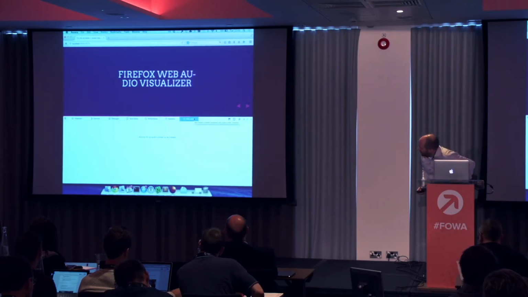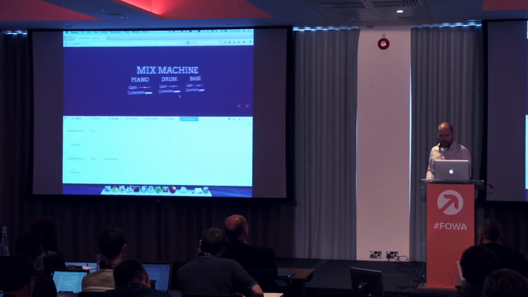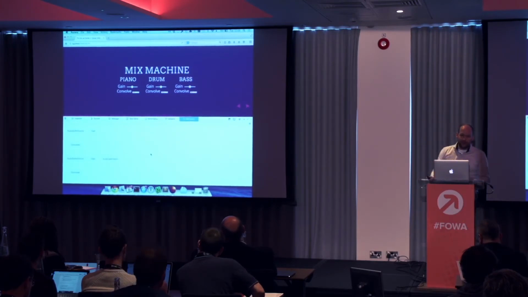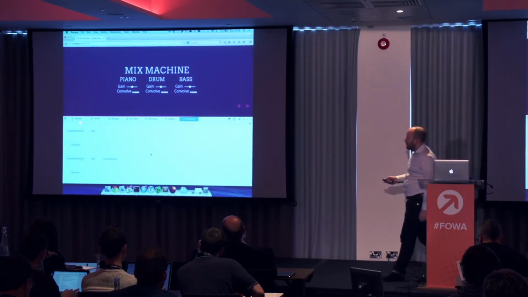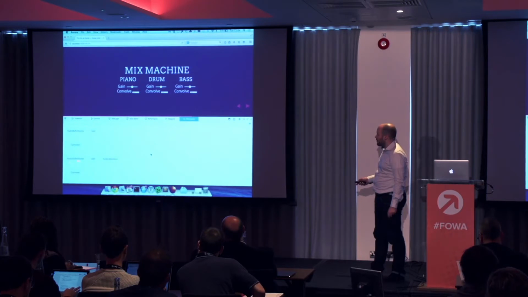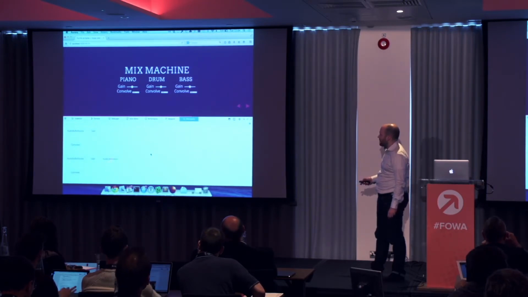It's not that readable, but when I go to my next example, you can see I have put together a little drum machine. It sounds horrible. I'm going to turn up the volume in a bit. But you can see here that I have an audio buffer source, a gain node, and a destination node. And I've just got this three times, for the piano, for the drums, and below here for the bass.